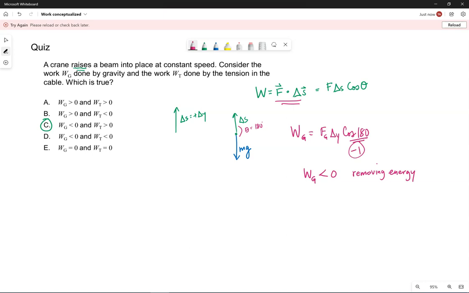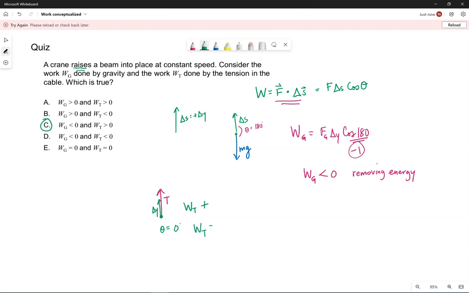Okay, the work done by tension: we know the tension force points upwards, but so does the displacement. That also points upwards. They're in the same direction. So the work done by tension has to be positive. The angle between these two vectors is 0 degrees.